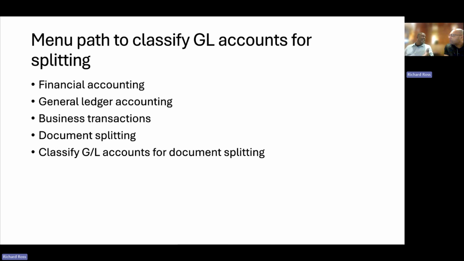Some very sophisticated users will understand what document splitting is. So when you look at a revenue account, when you book to the revenue ledger, you book revenue. Here are a lot of attributes you want on the revenue line.